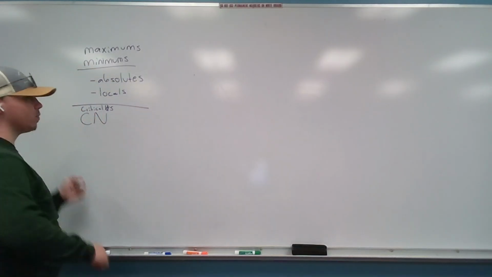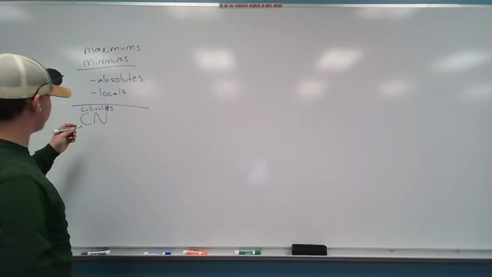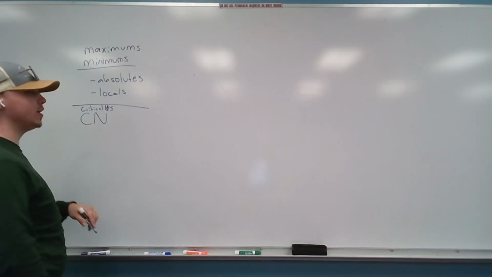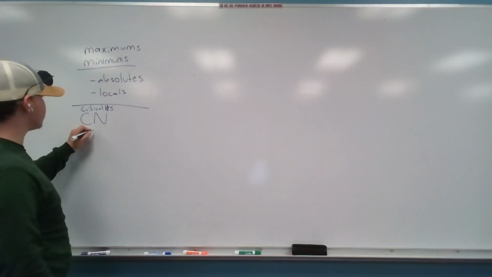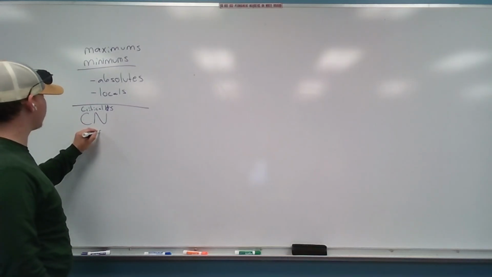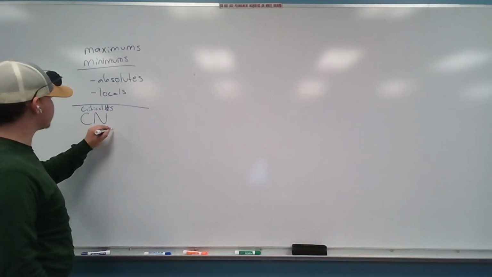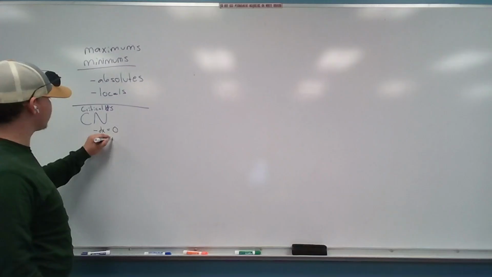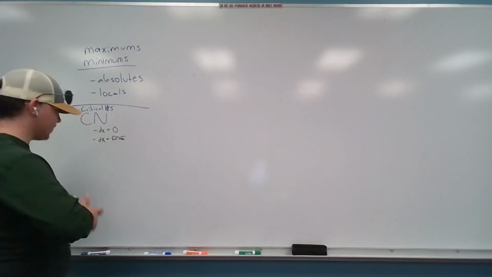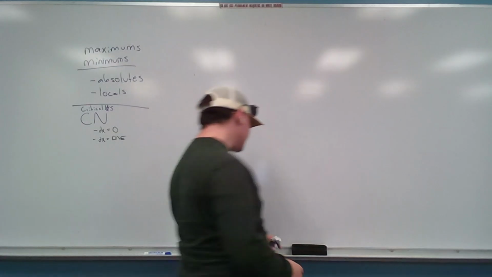Critical numbers are x values where the derivative is equal to 0 or is undefined. So write that down, where f prime of x equals 0, or is undefined.